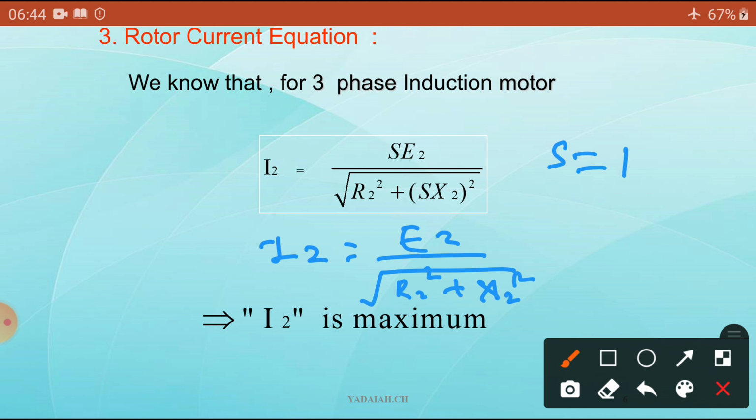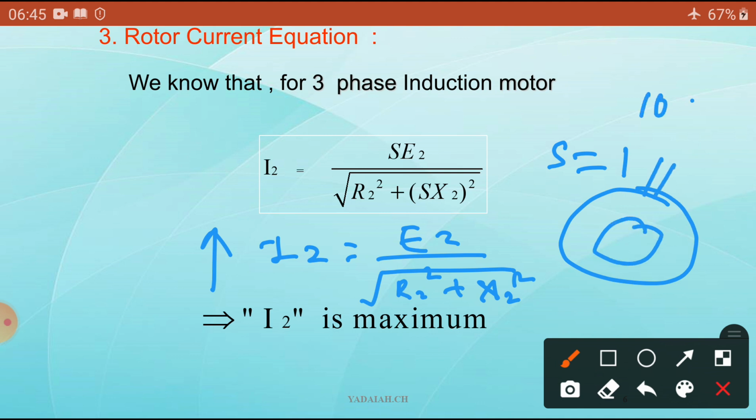Then we are going to get more current. I2, the maximum current, will flow. For example, our motor under normal conditions draws a current of 10 amperes, but it will draw more than 10 amperes, nearly 50 amperes, at the time of switching the supply to our motor.